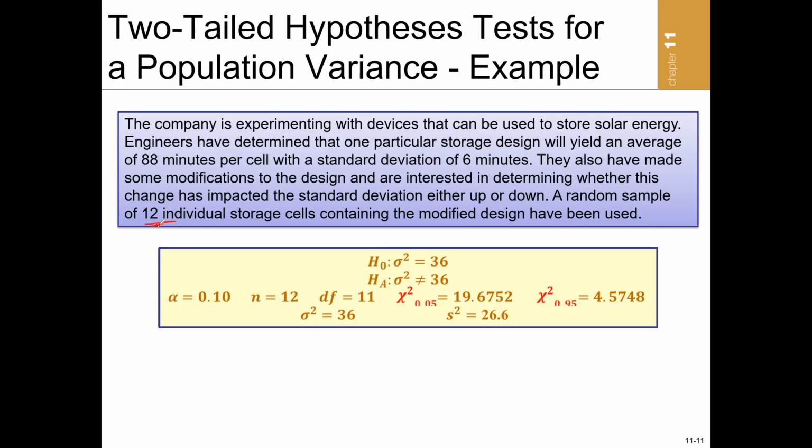Now here, it says engineers have determined that one particular storage design will yield an average of 88 minutes per cell with a standard deviation of 6. So because engineers have determined, it's not really a claim, it is probably a standard.